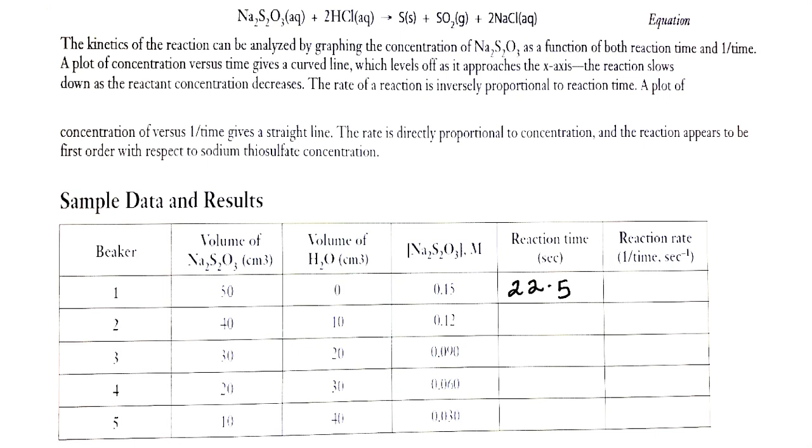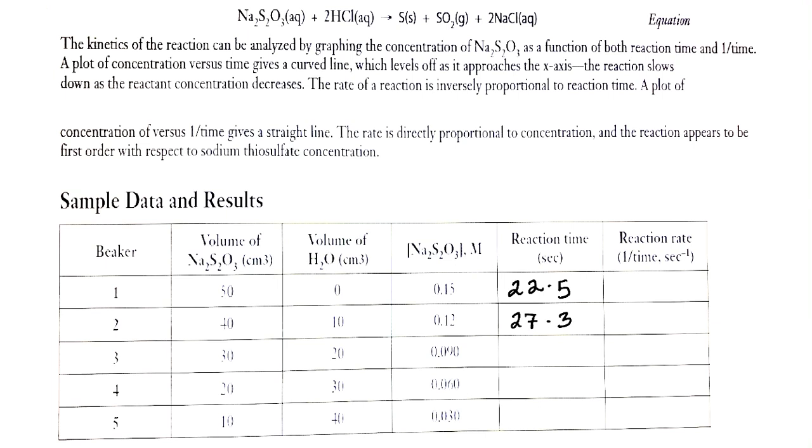The reaction time for the first one was 22.5 seconds. For the second beaker or conical flask, when we had 40 centimeter cube of sodium thiosulfate diluted with 10 centimeter cube of water, and then added HCl, we got a reaction time, when sulfur formed a precipitate and the solution became cloudy, at 27.3 seconds.